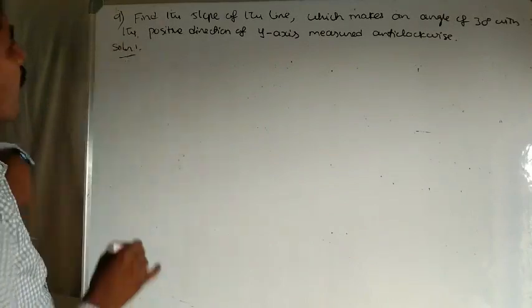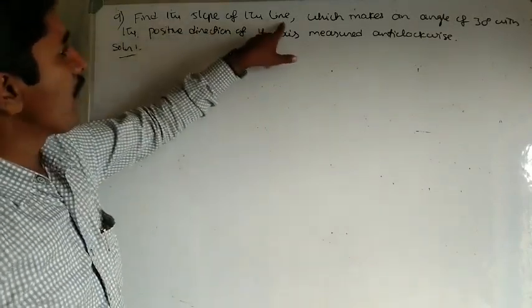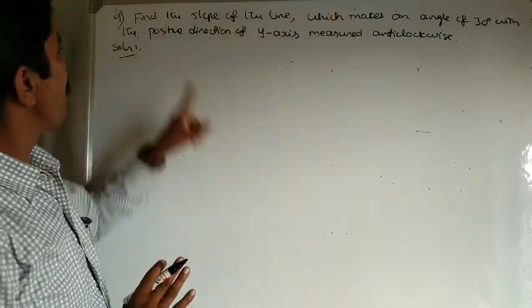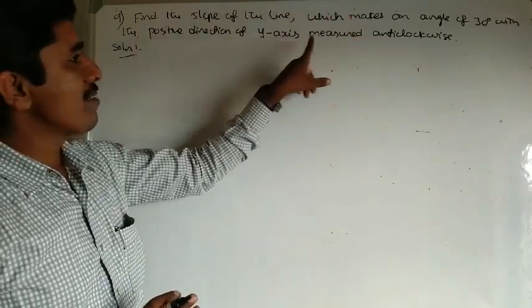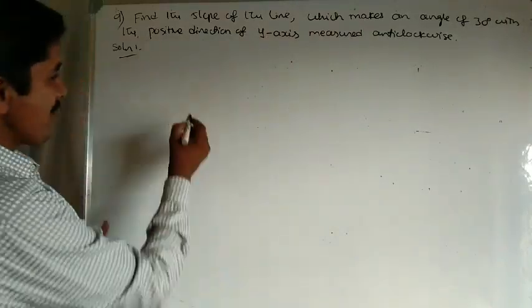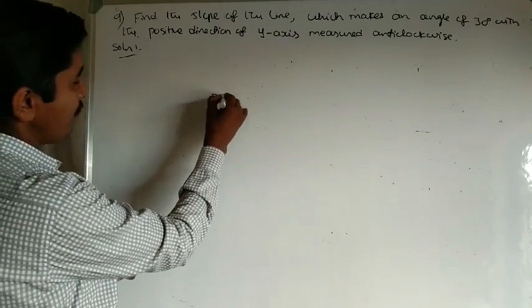Read the problem. Find the slope of the line which makes an angle of 30 degree with the positive direction of y-axis measured anti-clockwise. We know that the slope of the line is given by m equal to tan theta.